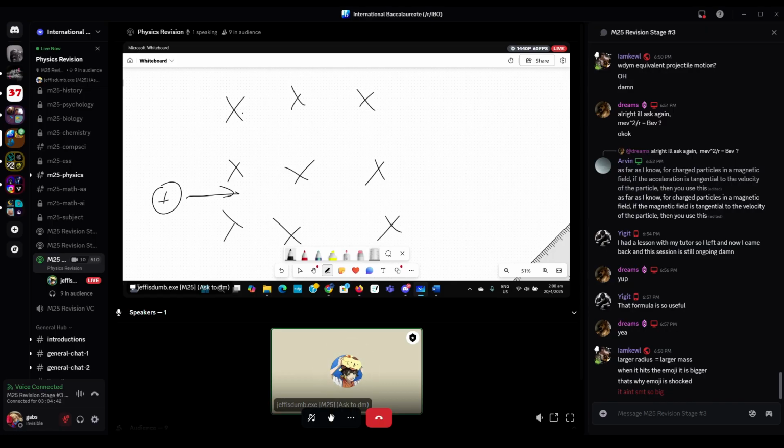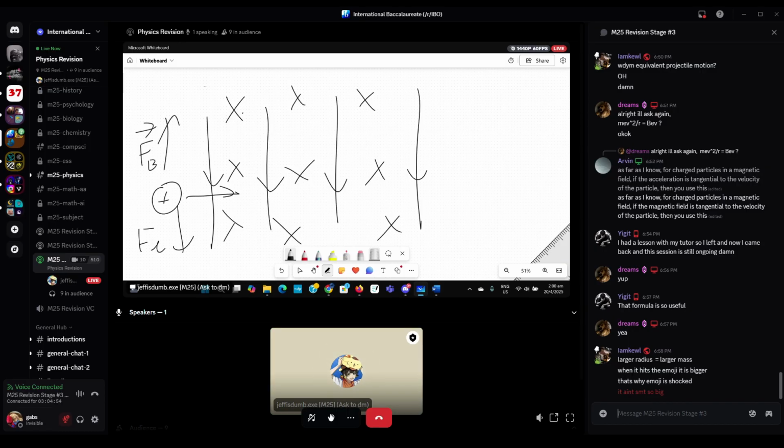The magnetic field enters the plane, so the proton should get a magnetic force up. However, if we have an electric field down, it'll also have an electric force, and there should exist one value such that the electric force will exactly balance out the magnetic force, and the proton will just travel in a straight line.